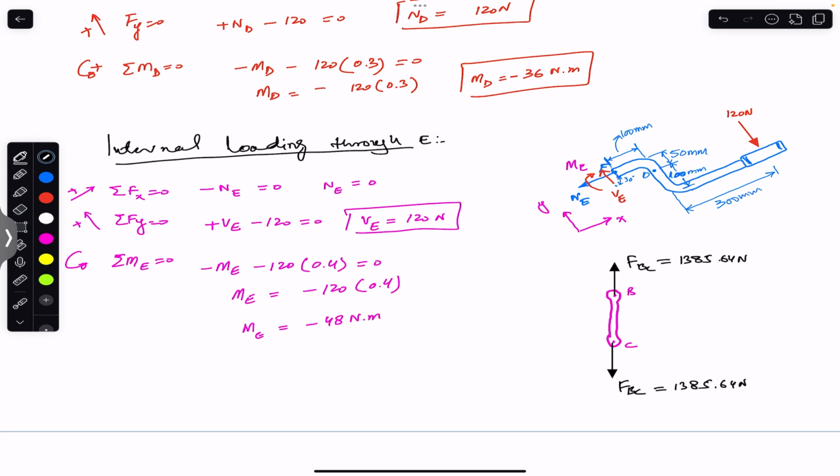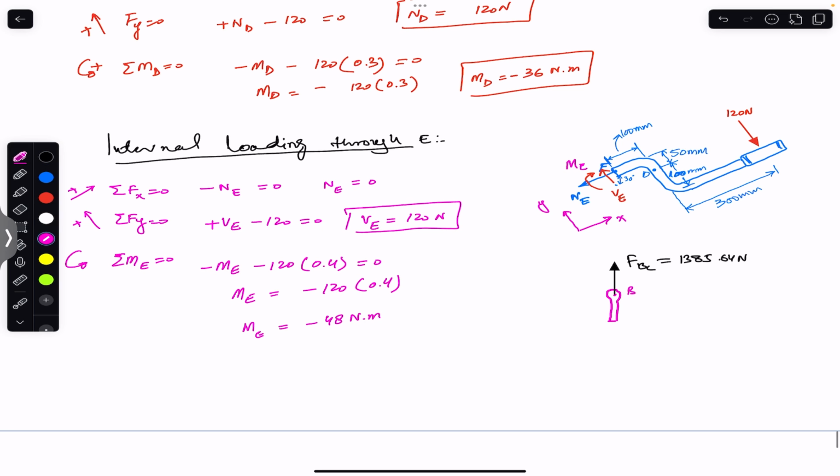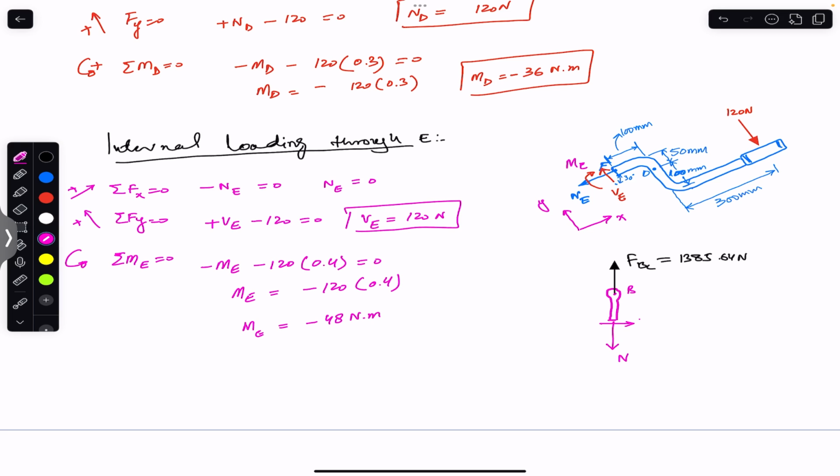Now we want to find the internal loadings through the cross section of this short link. So we must pass a cutting section somewhere here, and then we have to consider the free body diagram. So let's consider the free body diagram. So this will be our free body diagram like this. And now here we will have, let's say, the normal force, and let's say we have the shear force, and we have, let's say, the bending moment.